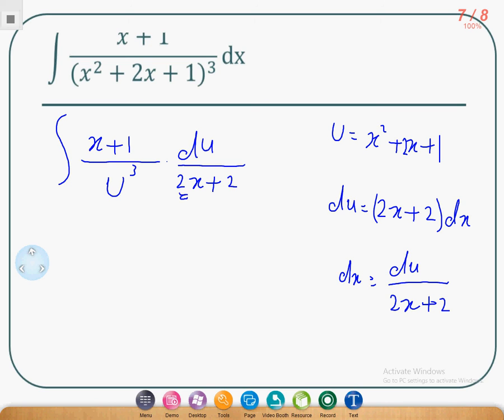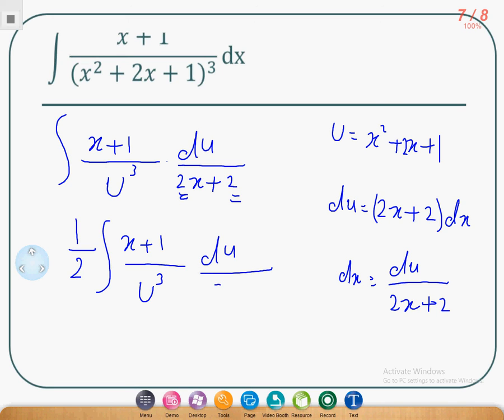So you can take 2 common factor and put it outside the integration. So it will be as a fraction because 2 is denominator. So I will put out 2 and up I will put 1. The integration as it is, x plus 1 down u to the power 3 du as it is.